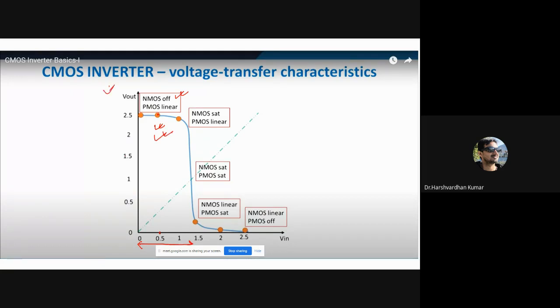This is V out, and this is V input. And for this range, you are getting a logic 0 output, right? Here NMOS is off and PMOS is linear, and for this region NMOS will be in linear operation and PMOS will be off, right? So this is the voltage transfer characteristics of the inverter.